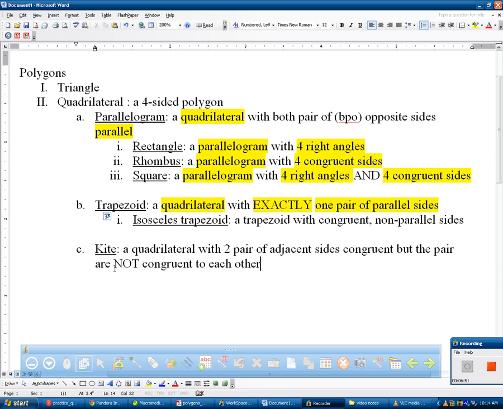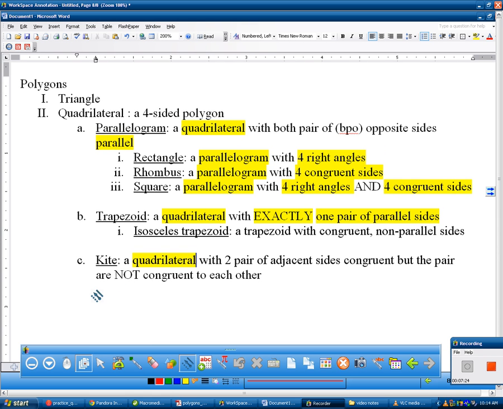Okay, so first you want to call it a quadrilateral, and then actually the rest of the definition is as important as that word quadrilateral. So there you go. Let's look at what a kite would be. A kite is exactly as you think it would be. It looks like a kite. Now, side 1, 2, 3, and number 4 side.